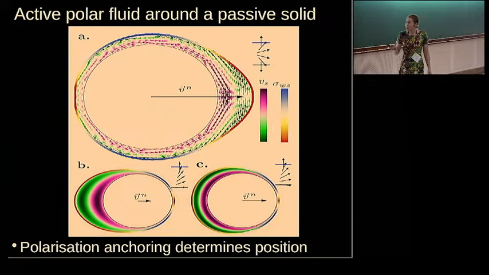So I just wanted to mention that because I'm going to refer back to it later in my story of phagocytosis. But that's something that we have done using the active polar fluid model, but putting it into a confined system with specific boundary conditions. And all I really want to emphasize at this point is that the boundaries matter a lot, and it changes the behavior of the system.